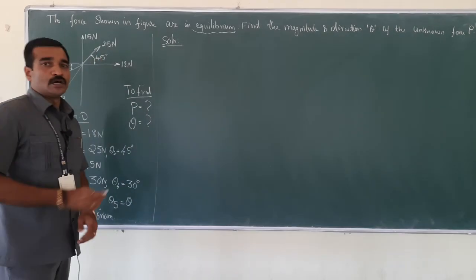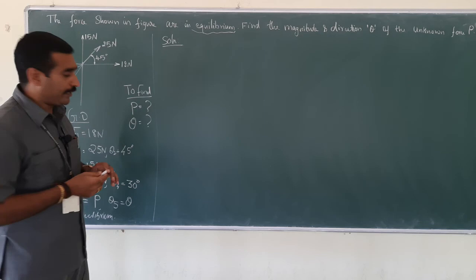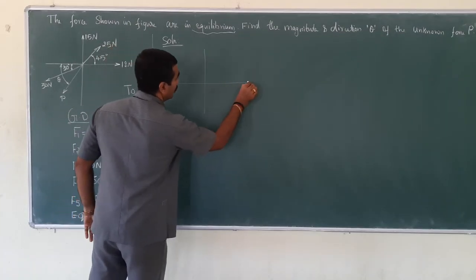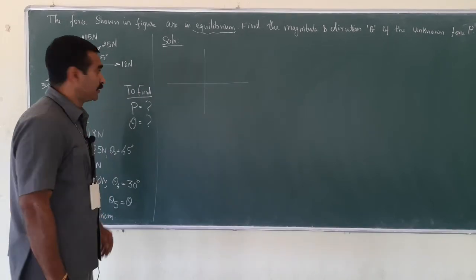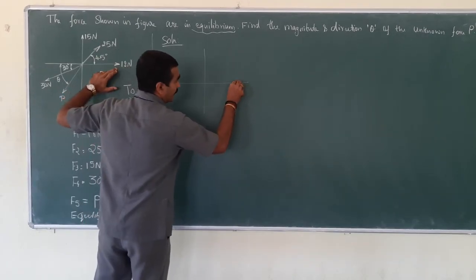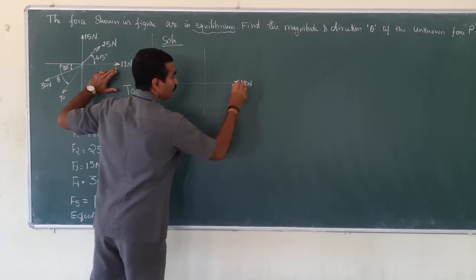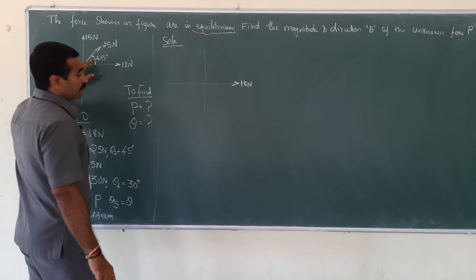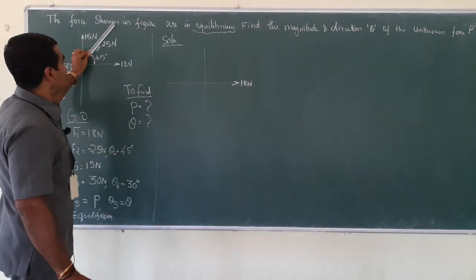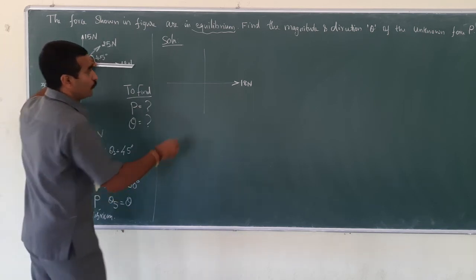Right. So, as far as this is concerned, first we will have to draw the resolution of forces diagram here. Look at here, 18 Newton which is acting here. And this force is acting here, its nearest horizontal component is here.